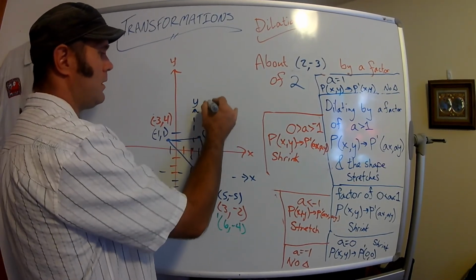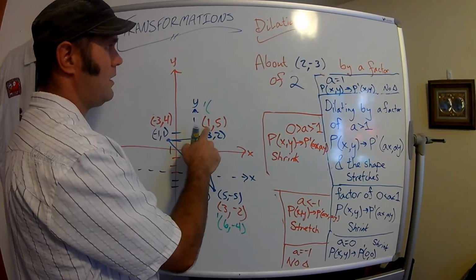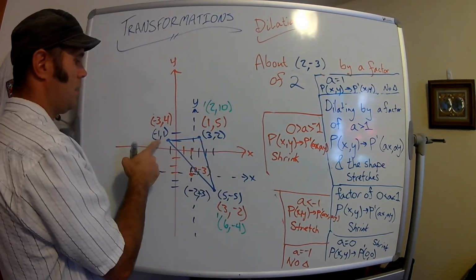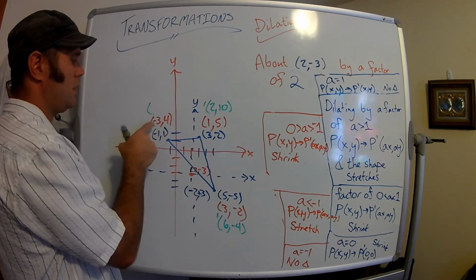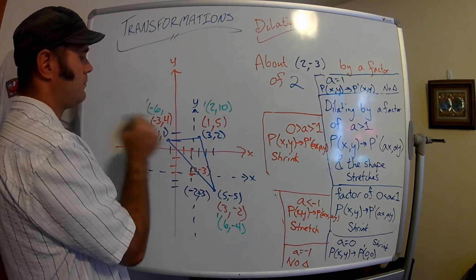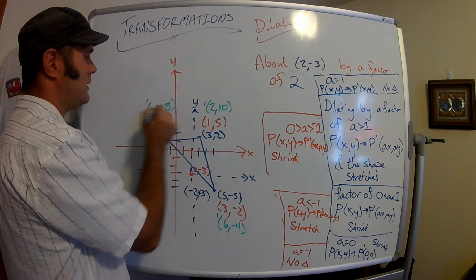This is our new prime. I want it green, a different color here. And our new prime will be 1 times 2 is 2, and 5 times 2 is 10. And then our new prime here will be negative 6, and 4 times 2 is 8.